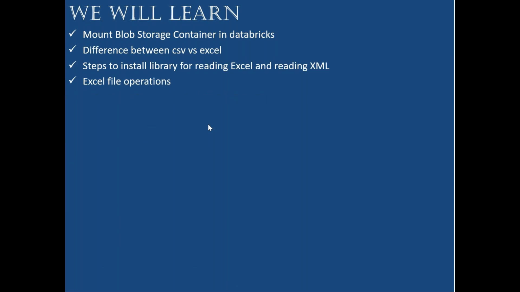So first let's understand what is the difference between CSV versus Excel. Team, can you quickly tell me what is the difference? CSV is a text file and it has only one sheet, but Excel contains multiple tabs, multiple files in one file.